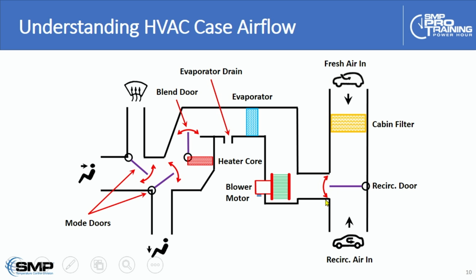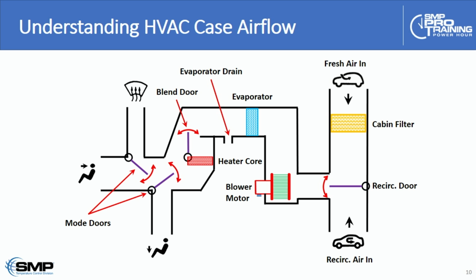If you have the HVAC case out, it can often be 7, 8, 9, 10, 11 hours of labor to take some cases out and apart. If there's degraded rubber or foam insulation, there's no sense in putting it back like that. Otherwise, you're going to have internal air leaks bypassing either the evaporator, the heater core, or one of the doors, and your customer complaint is that it's not cold enough, it's not hot enough, or the air is not coming out here when it should be coming out of there.